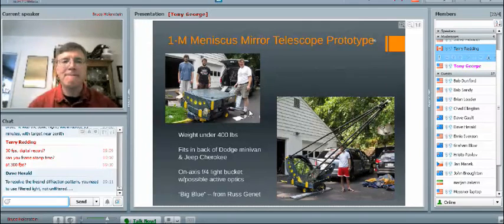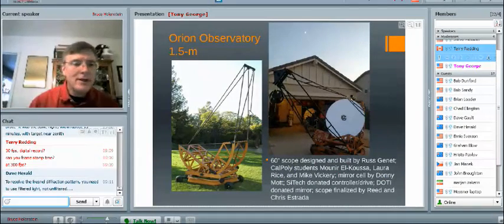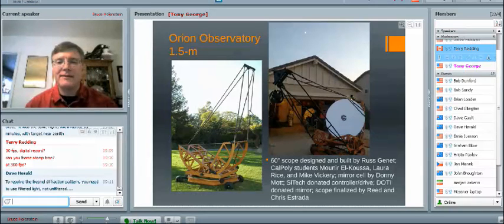Next slide. Not to be outdone, Russ marshaled considerable resources with his contacts at Cal Poly. A number of students there participated in a project of scaling up Big Blue to 1.5 meters. As you can see in the lower left, it's all CAD designed, CNC machined out of this high-tech plywood.